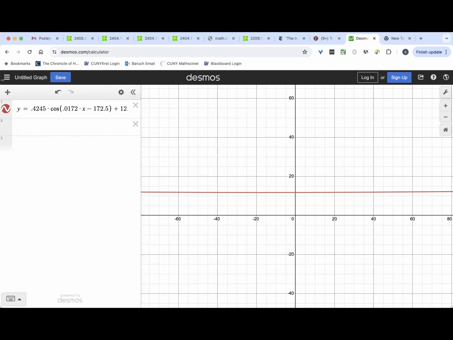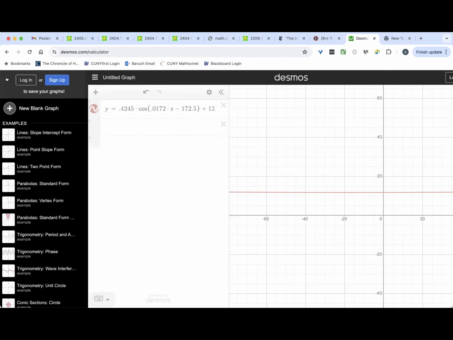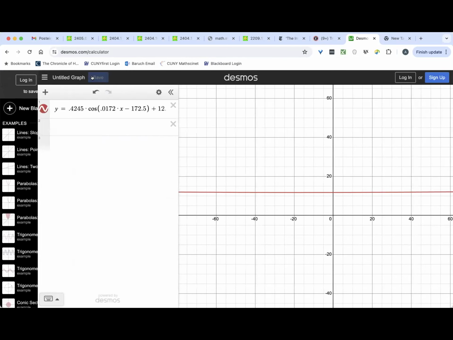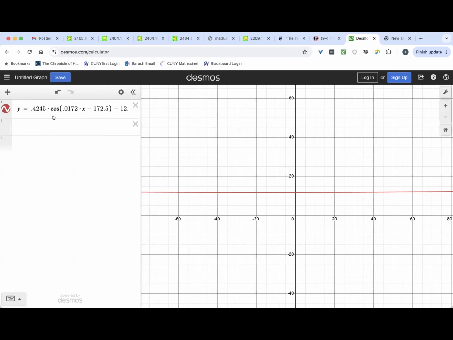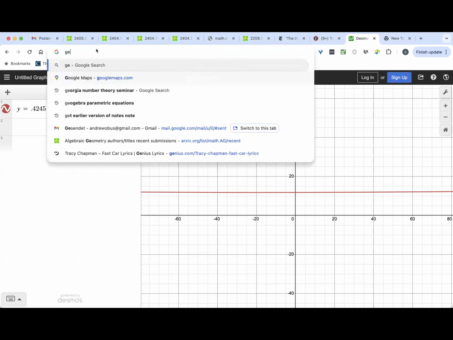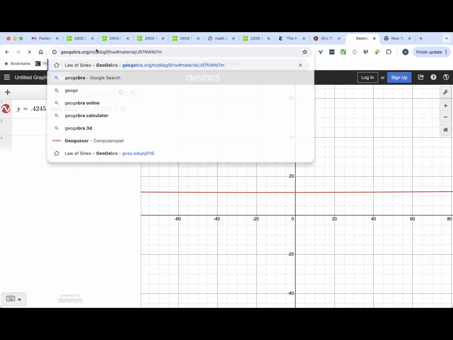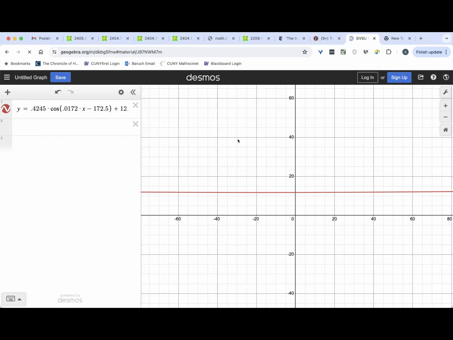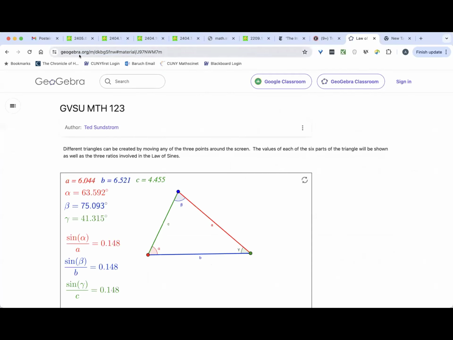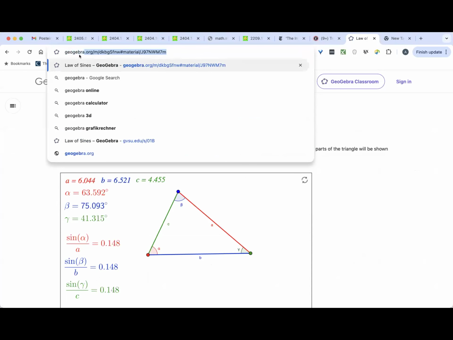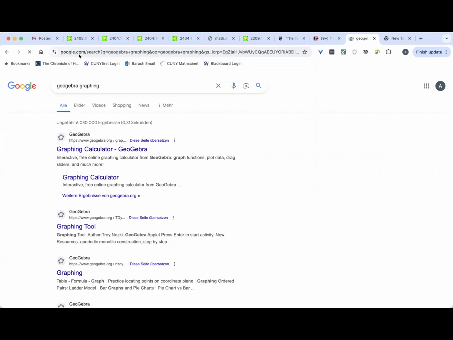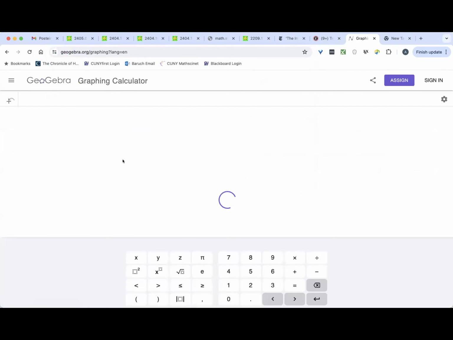Can I change the range? No, I want to pick the range. No, let me try GeoGebra. Let me try graphing on GeoGebra. This might be better. No, wait. GeoGebra. Let's try this. Can I put in the range?